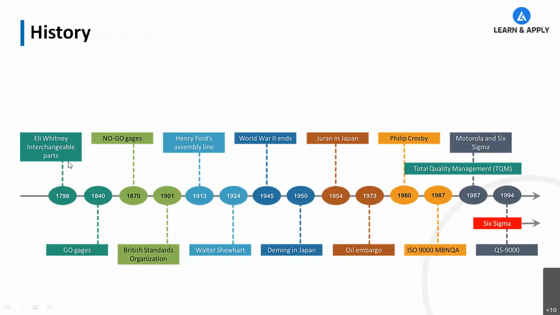These are the multiple stages, and there were multiple opportunities and multiple difficulties in the last century or even before that. For these difficulties they achieved some tools, some different methodology, some different solution for that problem. The interchangeable parts were one of the solutions for mass production. Then go/no-go gauges.